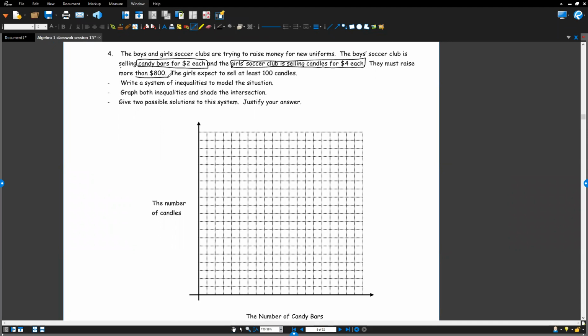The girls expect to sell at least 100 candles. What about the boys? There are no restrictions. Boys is just $2. Now we're going to set up the table. Boys, candy bar, $2 each.